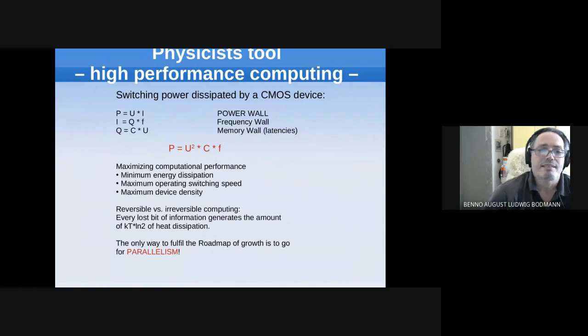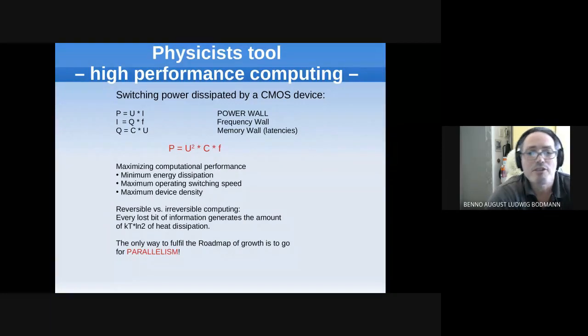And this led to the conclusion that maximizing computational performance needs energy dissipation to be minimized, operating switching speed to be maximized, or of course the device density to be maximized.